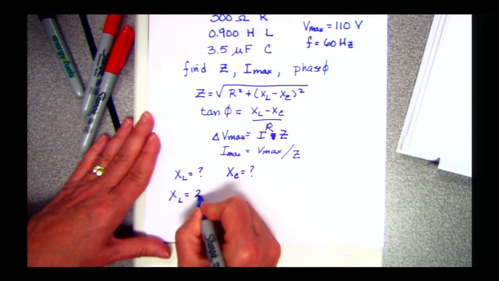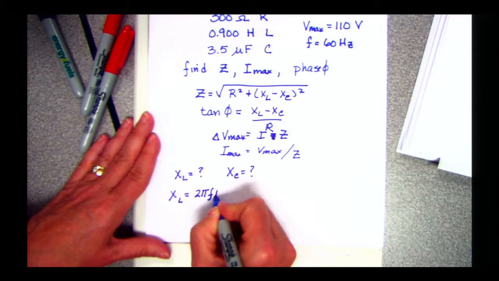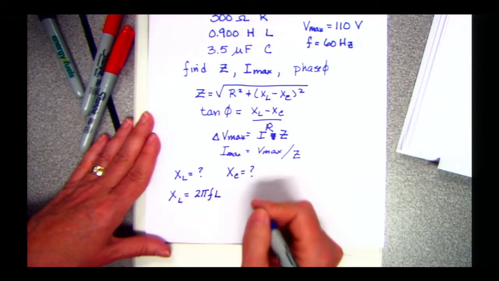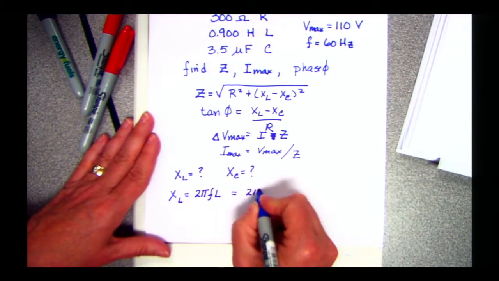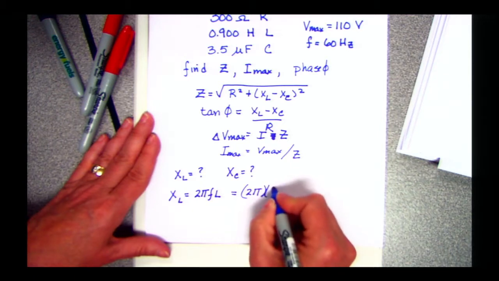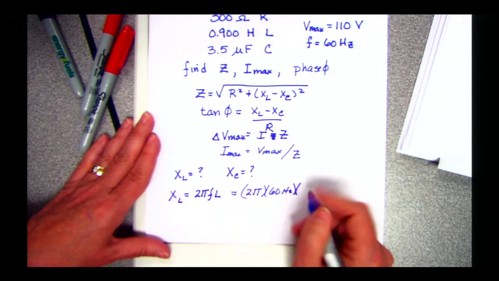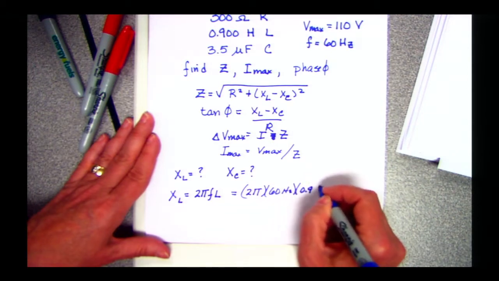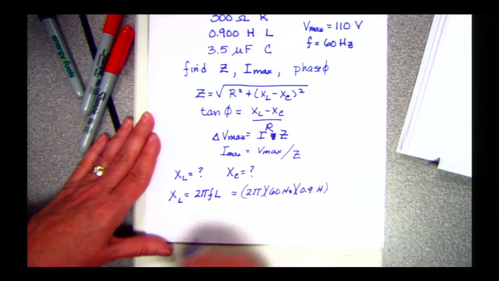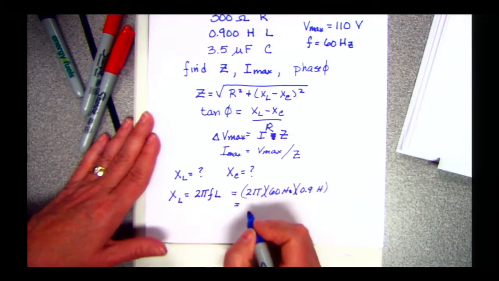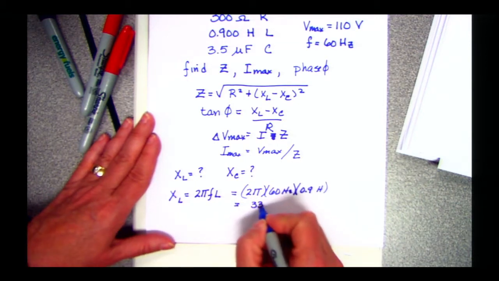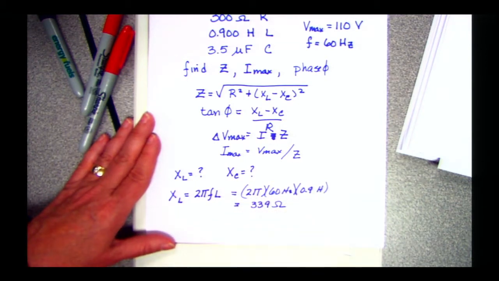XL we had defined as 2 pi times frequency times the inductance. So that's 2 pi times 60 hertz times 0.9 henries. If I plug that into the calculator, I get 339 ohms.